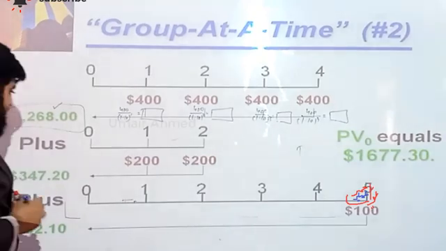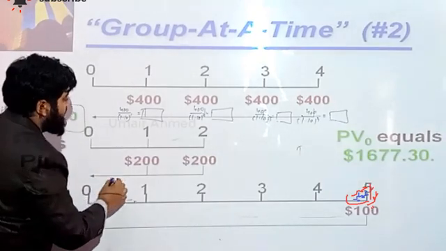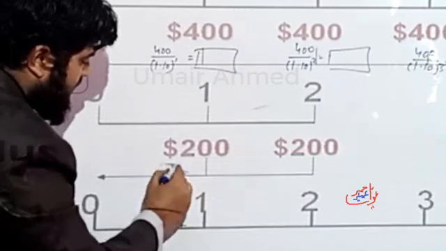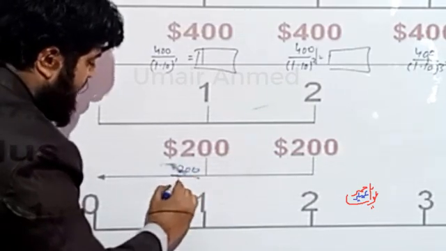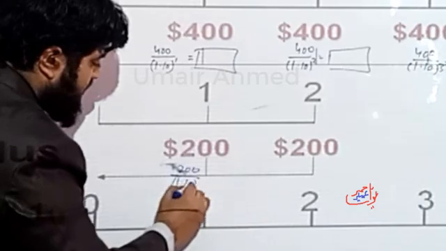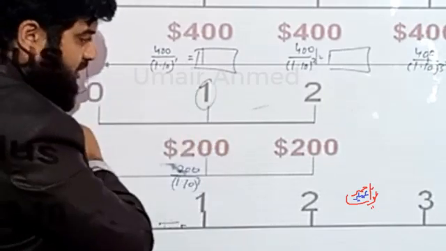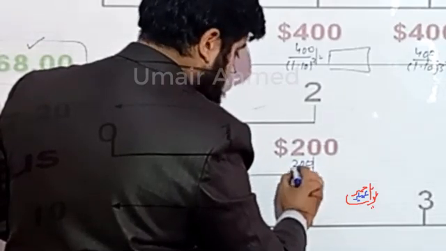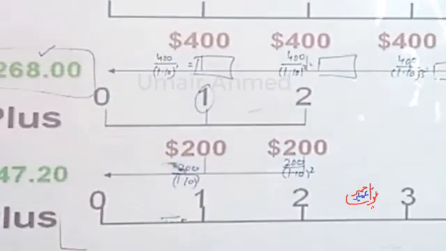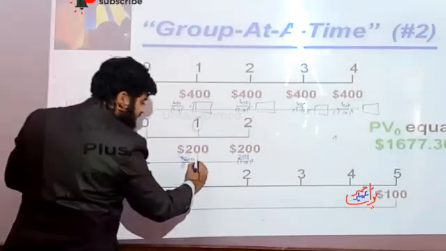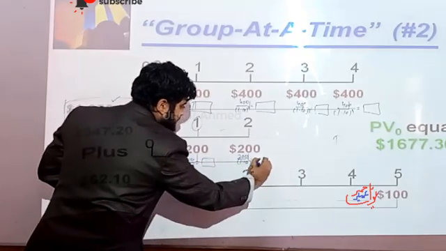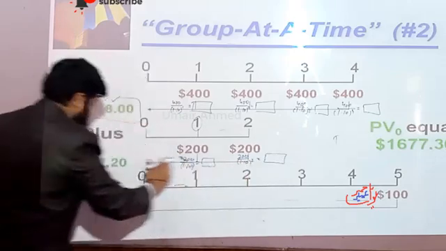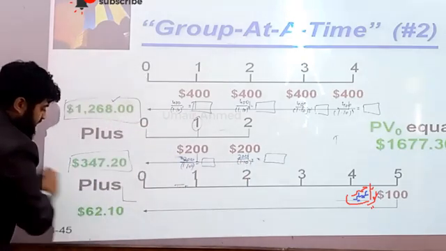Then we have the second stream of cash flows. So 200 divided by 1.10 to the power 1, and then 200 divided by 1.10 to the power 2. After applying this formula, you will again get some values, and after combining these values you will get this value.